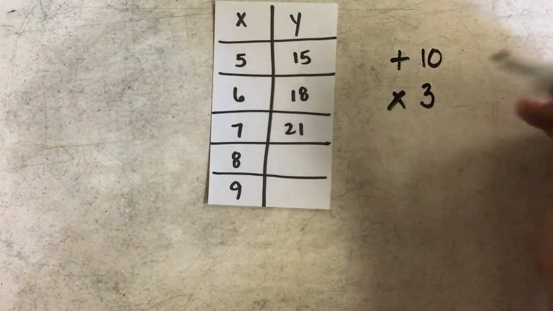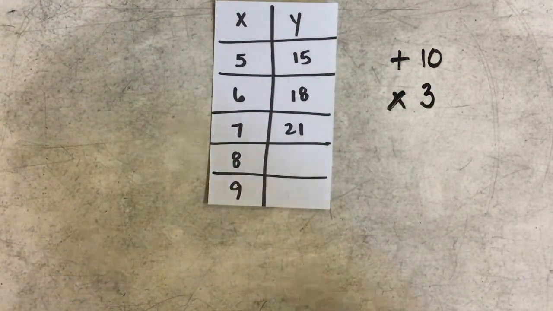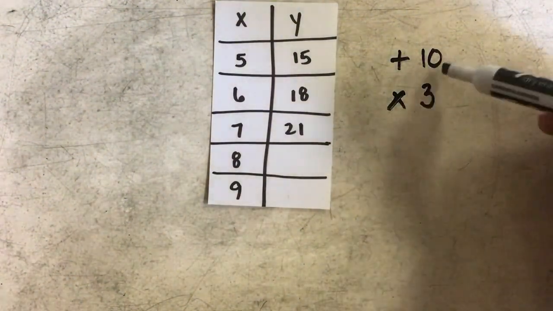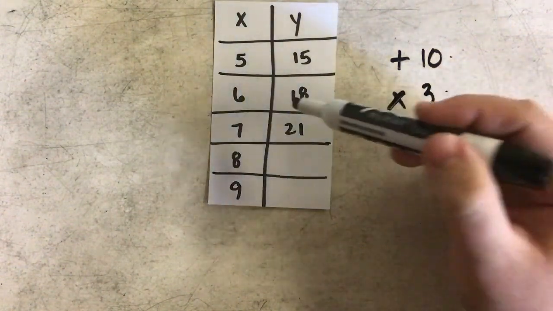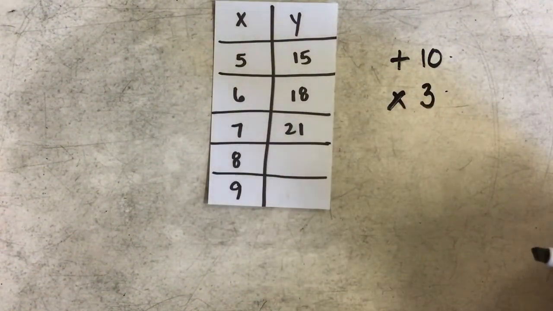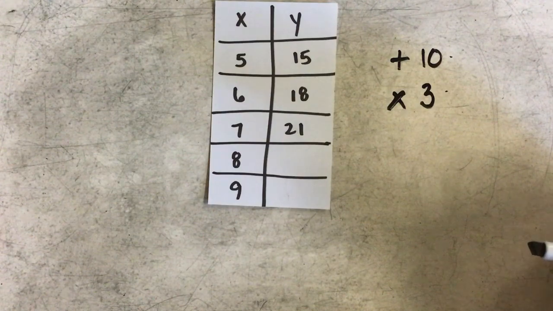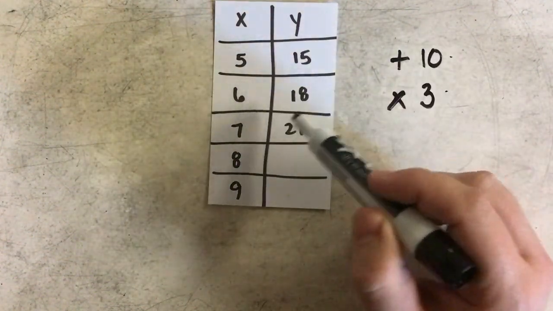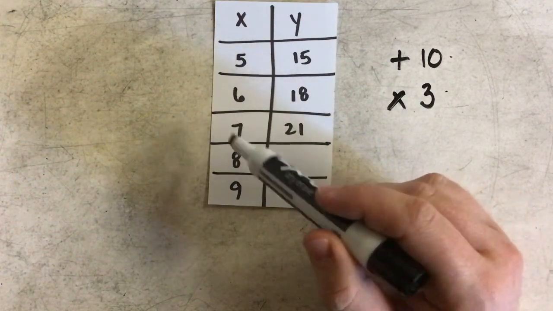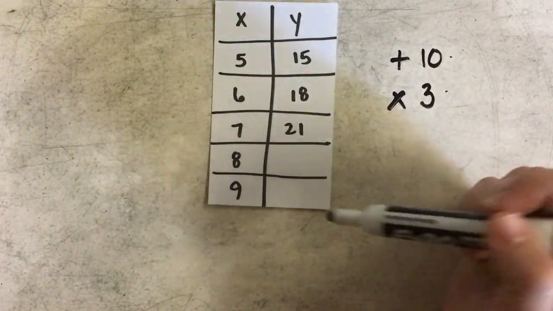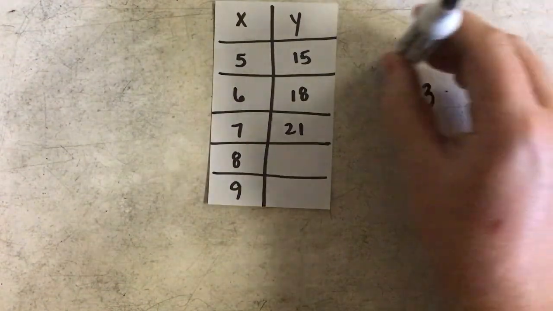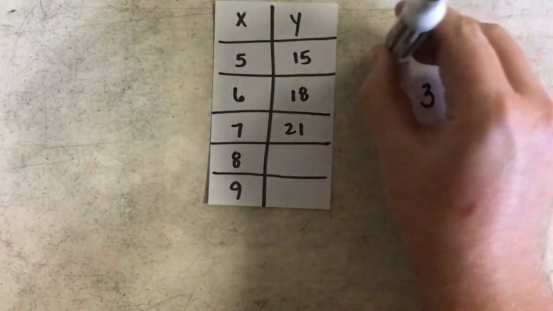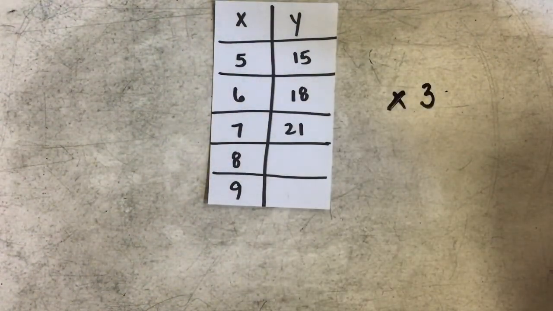I could multiply 5 by 3, and that would give me 15. So again, I'm going to check both of these rules against the other given numbers and see which rule applies to all of them. Well, 6 plus 10 does not give me 18, and 7 plus 10 does not give me 21. So I must say that plus 10 is not going to be my rule.